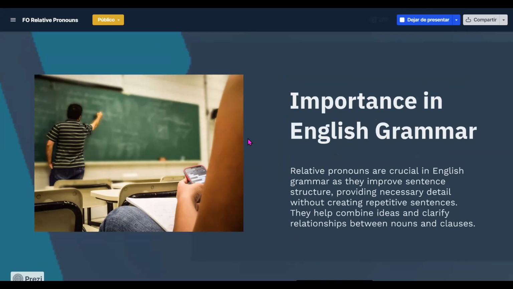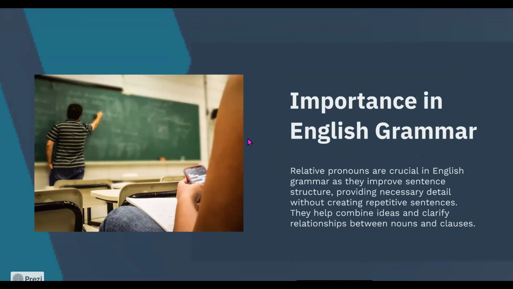Relative pronouns are crucial in English grammar as they improve sentence structure, providing necessary detail without creating repetitive sentences. They help combine ideas and clarify relationships between nouns and clauses. That's right, my dear Maria Fernanda.